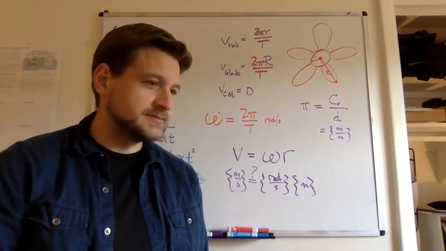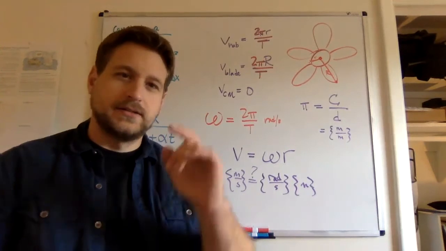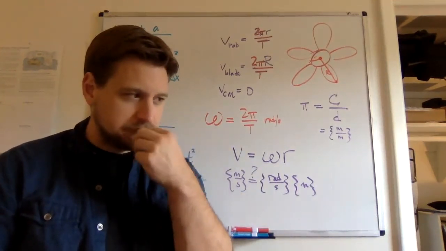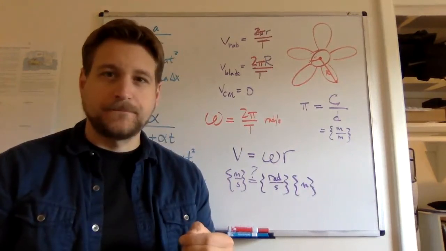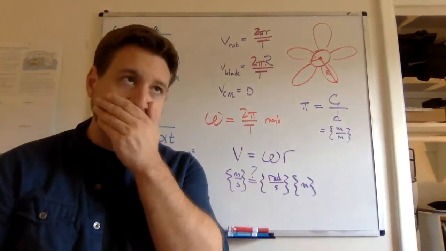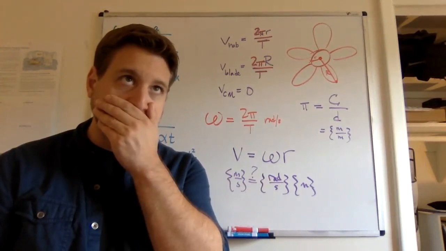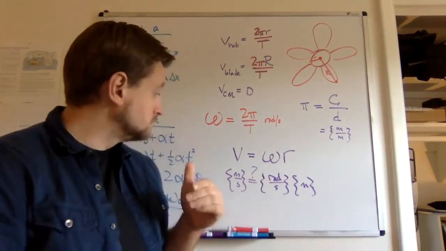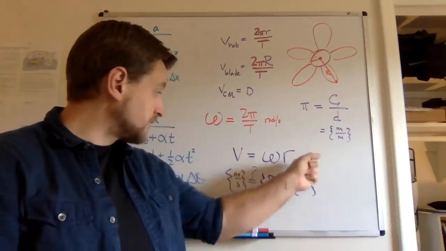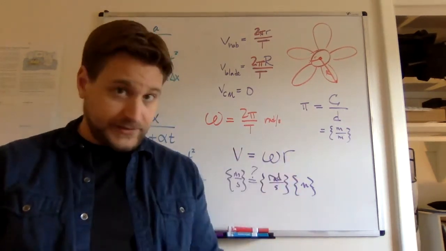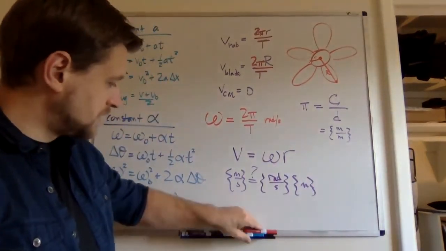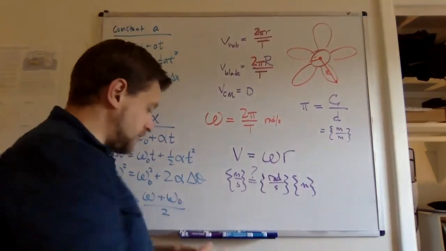Excellent. So we have rotational, well, you know what? If I can do this trick, and everything else seems to line up really well, I don't see why this shouldn't line up really well also.